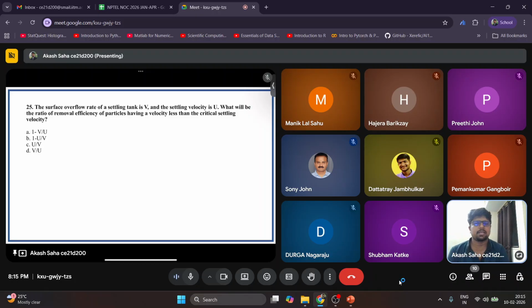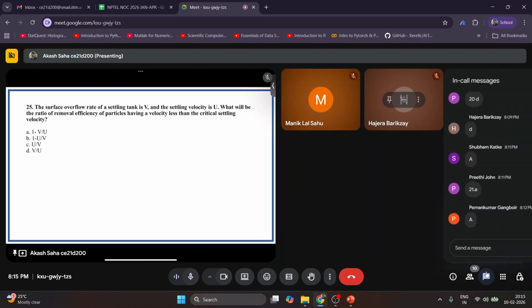We have solved a problem like this, right? So we did Vs by V naught, right? Vs by V naught. So what is the answer here?